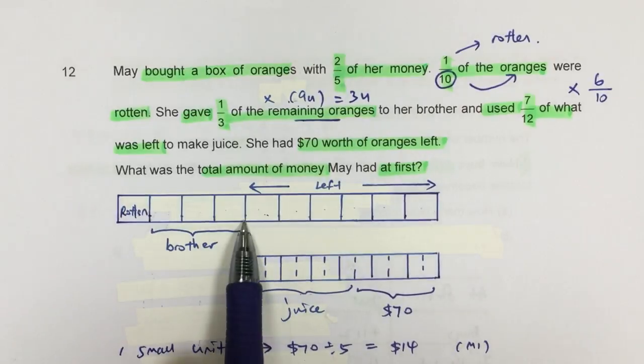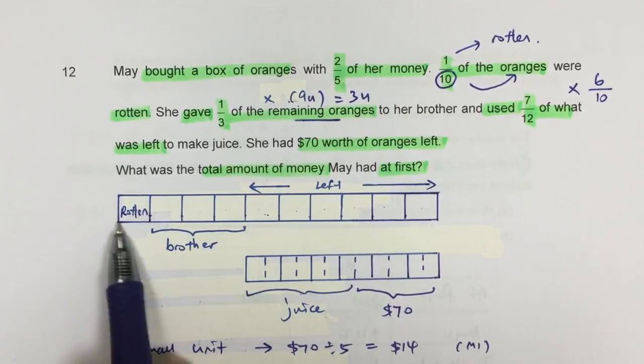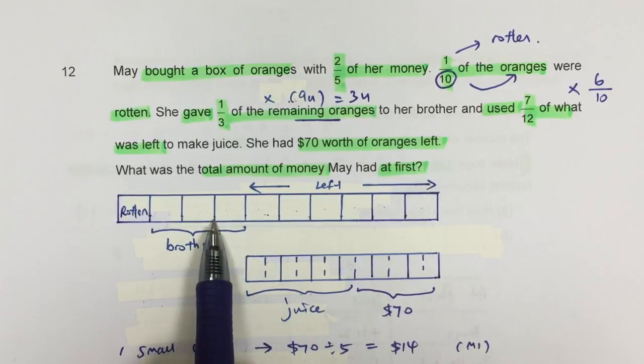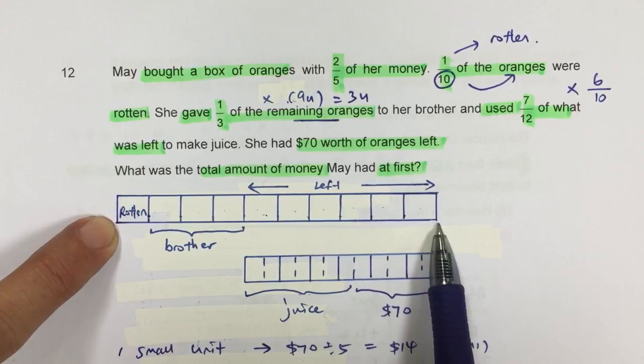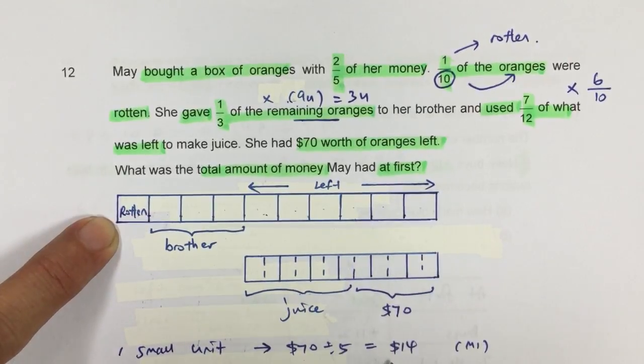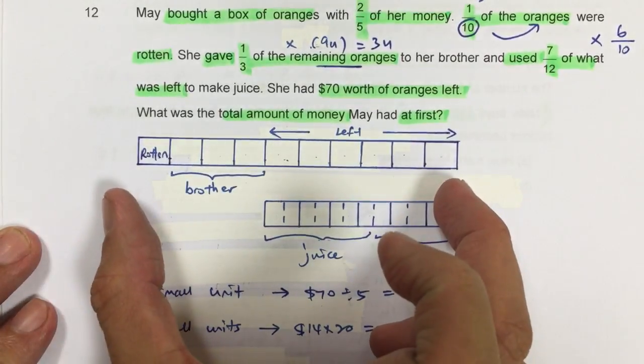If I further look at this, 12, 14, 16, 18, 20. So this whole bar here is 20 units. So I find 20 units, I take 14 times 20, I have $280. So this whole thing is $280.